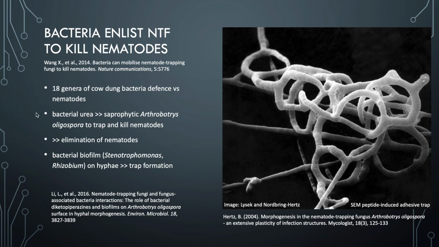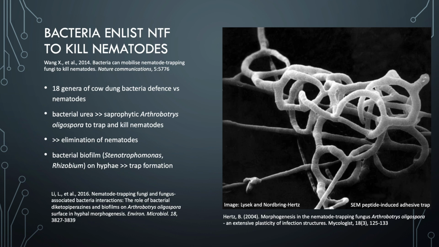So the bacteria release urea, which triggers the saprophytic Arthrobotrys oligospora to trap and kill nematodes, leading to complete elimination of nematodes within the vicinity of the bacteria and Arthrobotrys. Bacterial biofilms formed by Stenotrophomonas and Rhizobium, found on hyphae, also have been found to trigger trap formation in fungi.